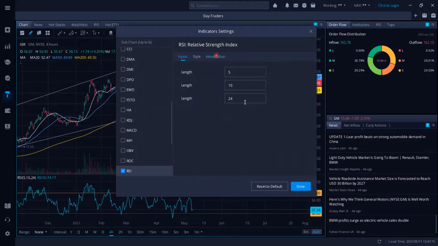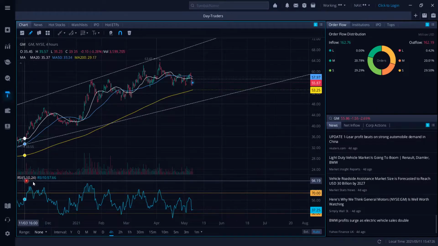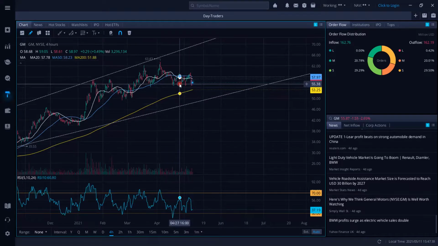I switched it up a little bit today. I use all fives when I'm doing cryptocurrency. I use my 5, 10, 24 whenever I'm doing stocks. It really helps out a lot, and kind of gives me a good indication of what the stock is doing.